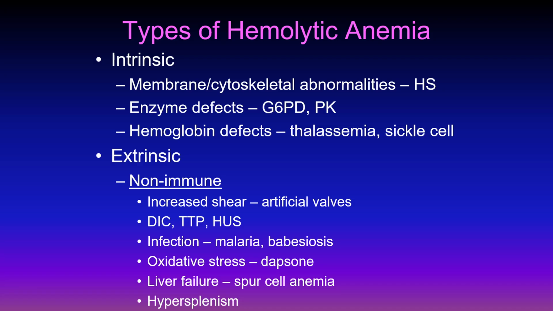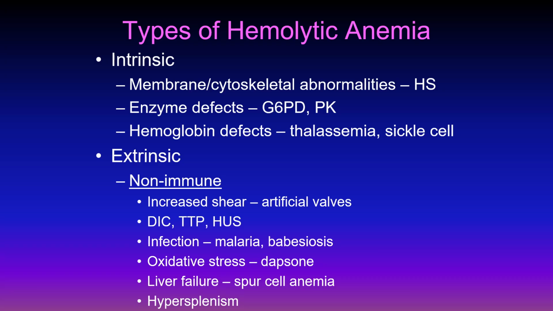Other forms of hemolysis are what we consider extrinsic. The red cells are normal, but something else causes them to be destroyed. Now, there are non-immune causes of red cell destruction, such as artificial heart valves, clotting diseases, infections such as malaria and babesiosis. There's oxidative stress, such as medications. There's liver failure.